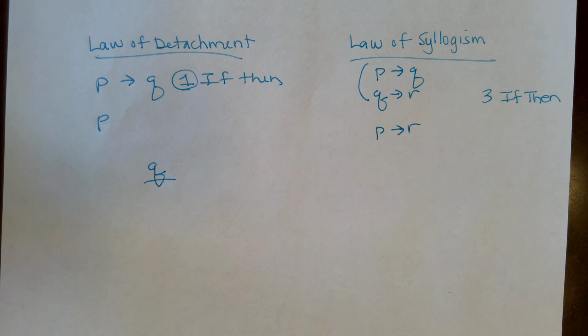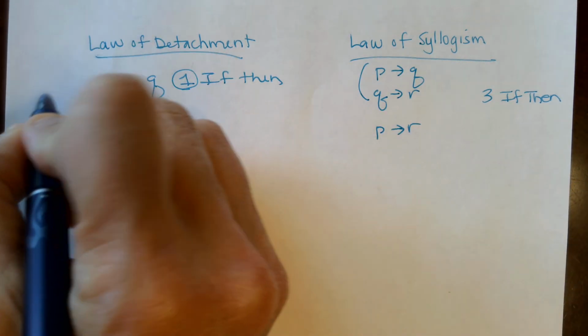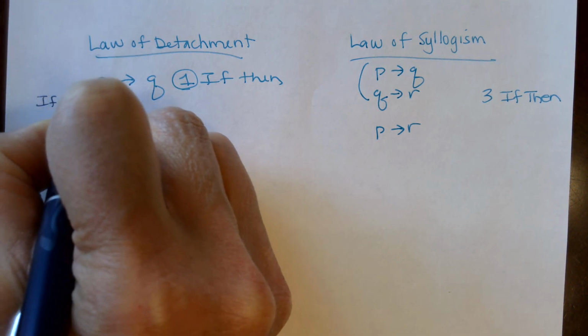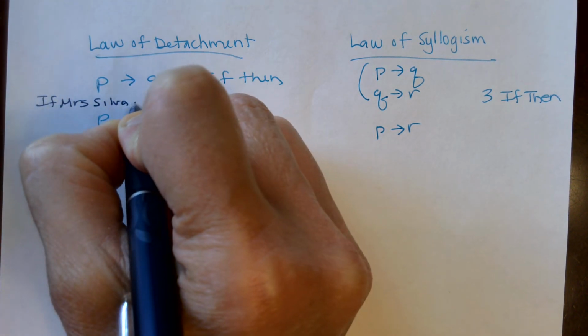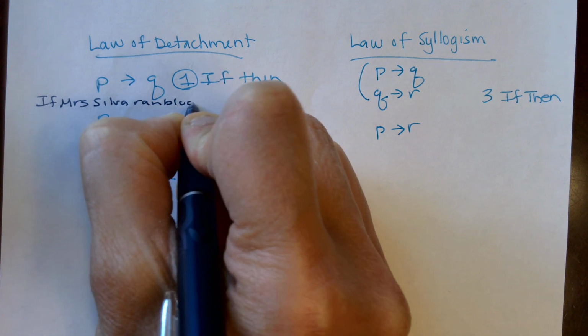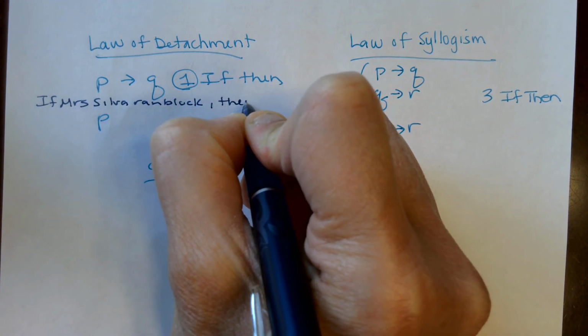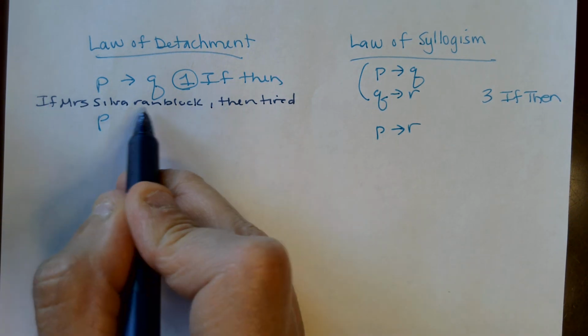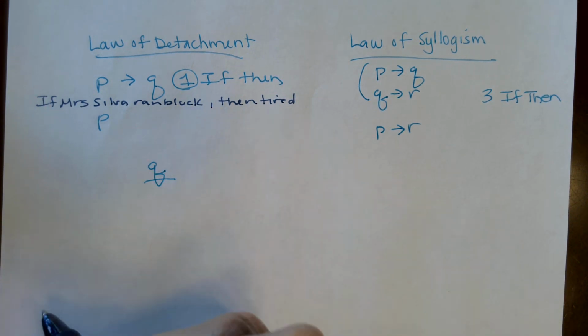Mrs. Silva ran around the block. What's your conclusion? Mrs. Silva will be tired, right? So I gave you the if part. I'm abbreviating, but okay. There's my if and my then.